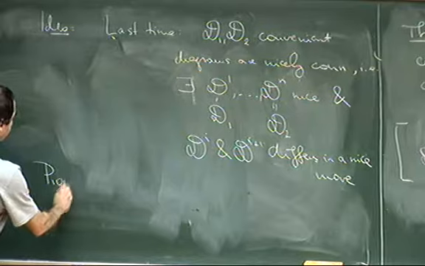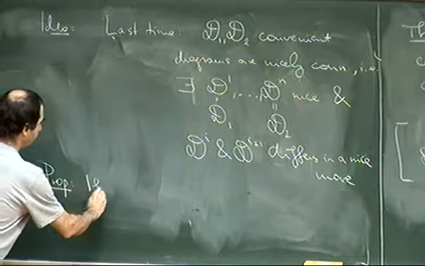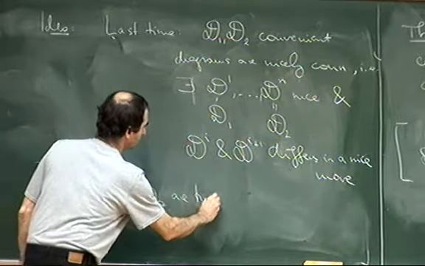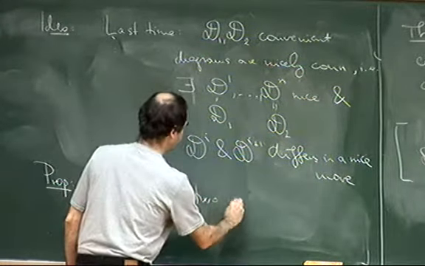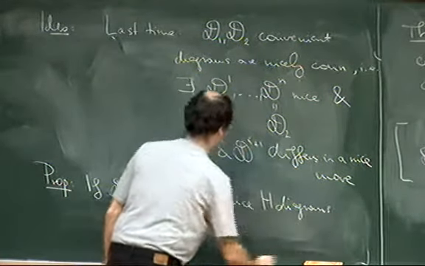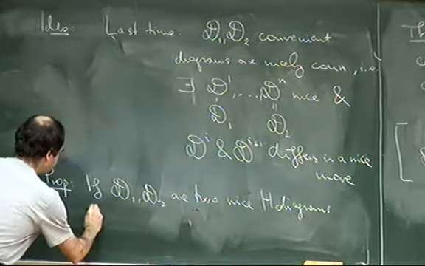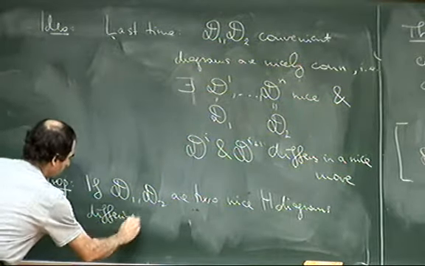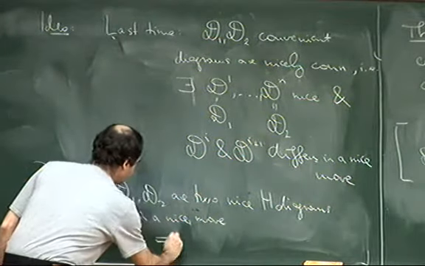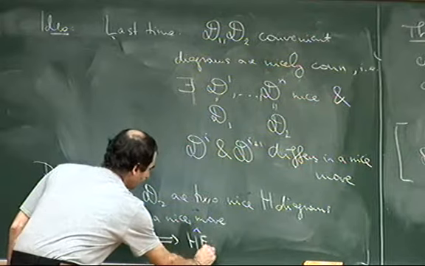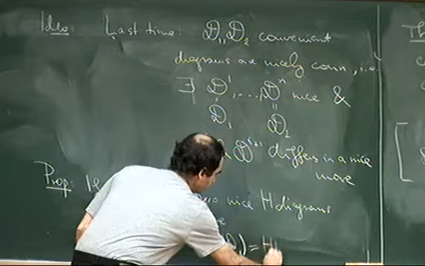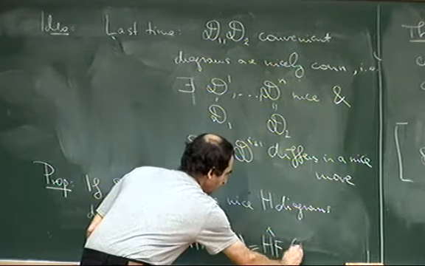So proposition: if D1, D2 are two nice Heegaard diagrams differing in a nice move, then HF hat stable of D1 is the same as HF hat stable of D2.